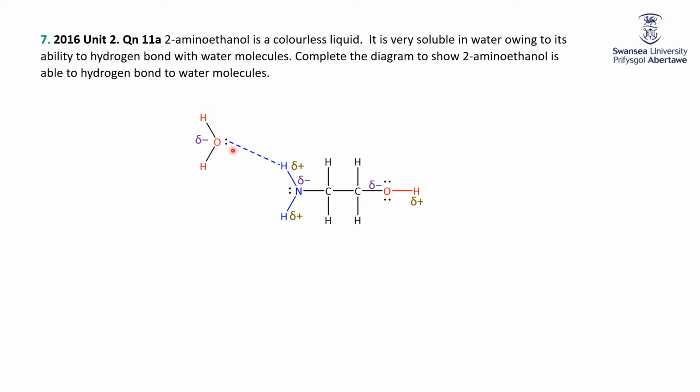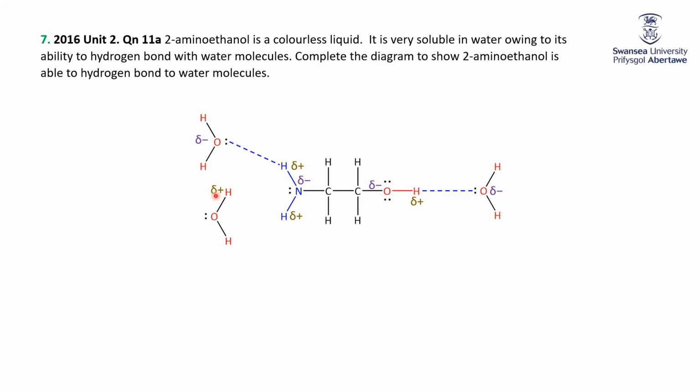Water doesn't just have to come in oxygen first on this end of the molecule, it can come in oxygen first on this end so that the oxygen of the water can form a hydrogen bond with the hydrogen of the alcohol group. Then, of course, water not only has slightly negative oxygens, it has slightly positive hydrogens.